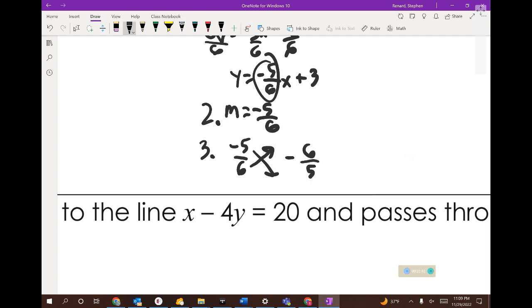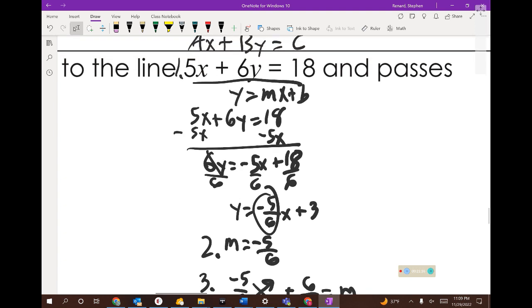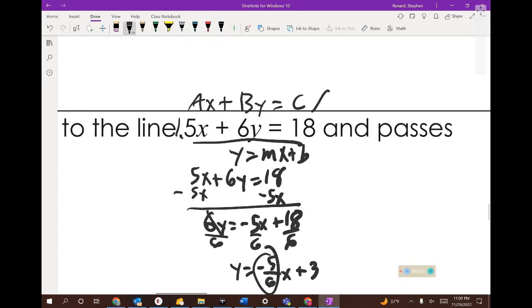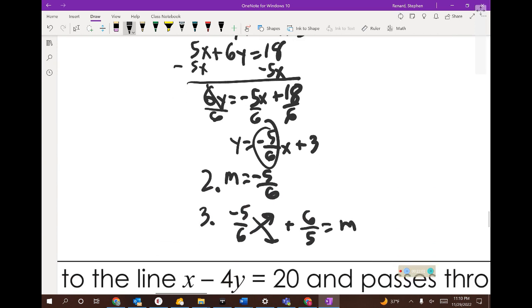Negative 6/5. And then we change the sign. We multiply by negative 1. Since we already have a negative here, that's going to turn this positive. So the slope of any line with a slope of 6/5 is going to be perpendicular to this line right here. We solved the first part.